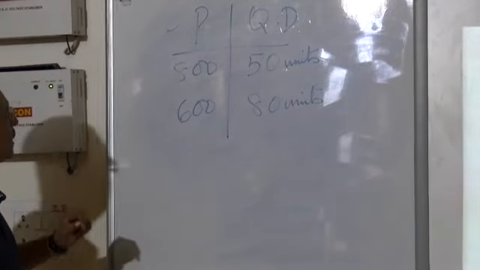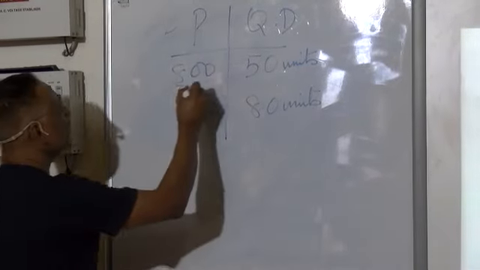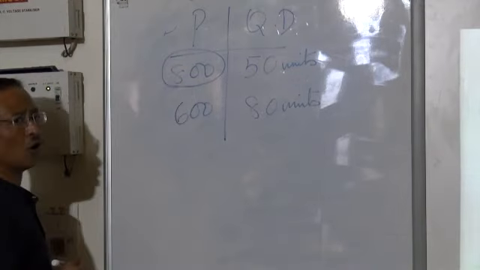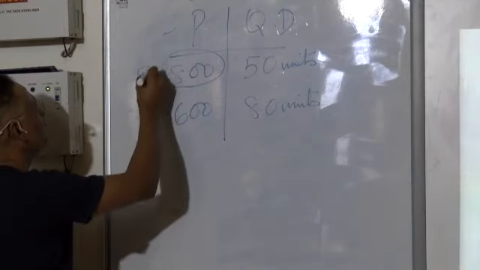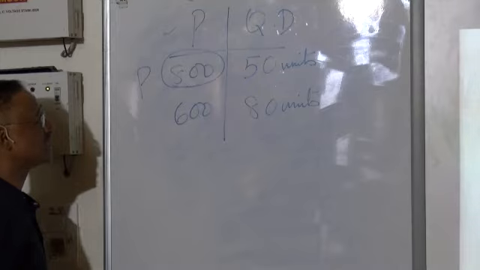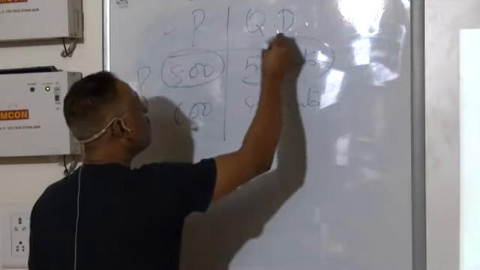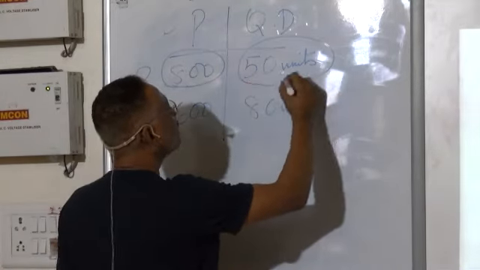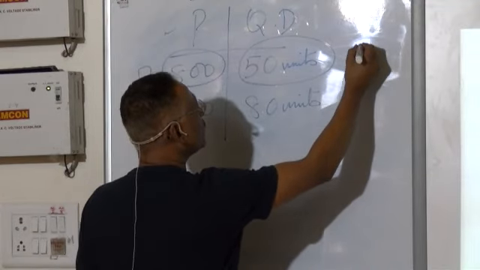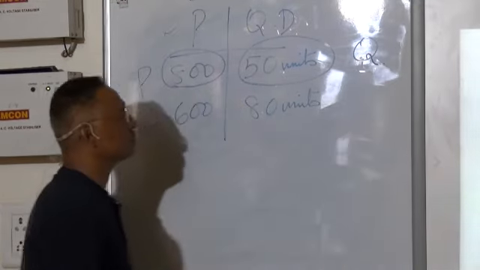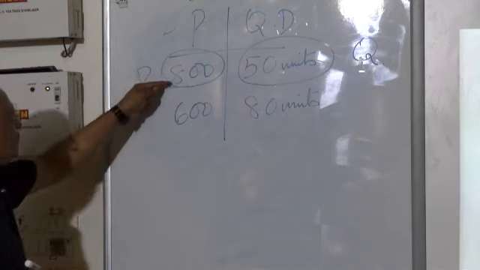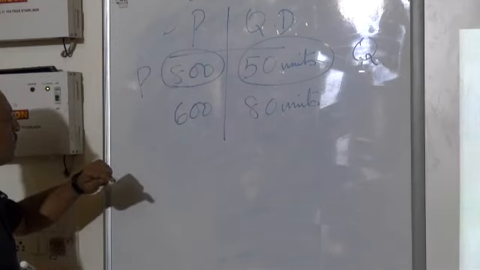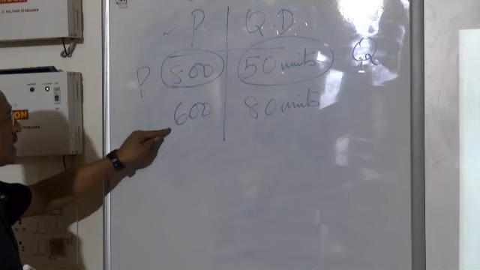Here you can see the original price was 800. This is the original price. It is known as P. P for original price. The original quantity demanded was 50 units. This is known as Q. The price has changed from 800 to 600.